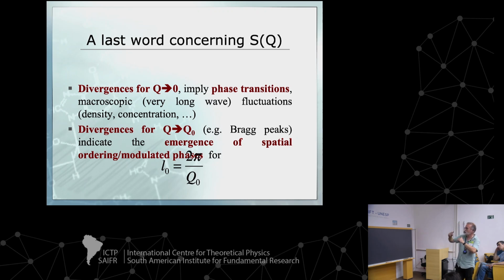Well, the formula moved. Simply recall that divergences for Q going to zero are phase transitions. Divergences for Q different from zero indicate the emergence of spatially ordered, modulated phases.